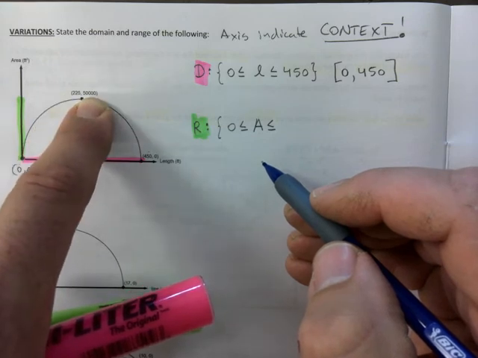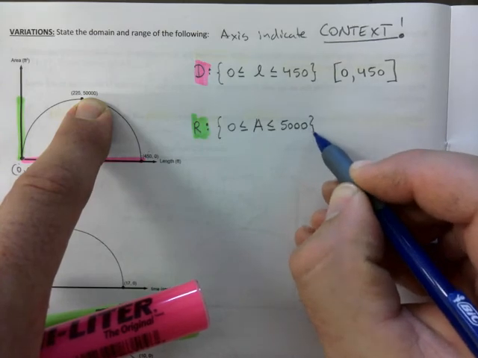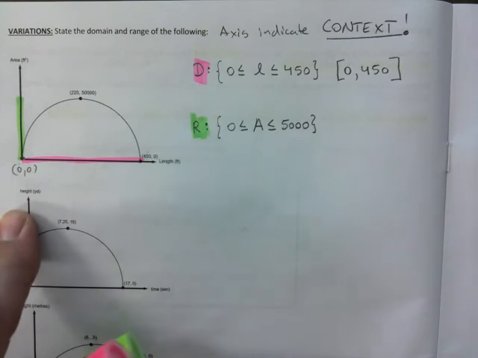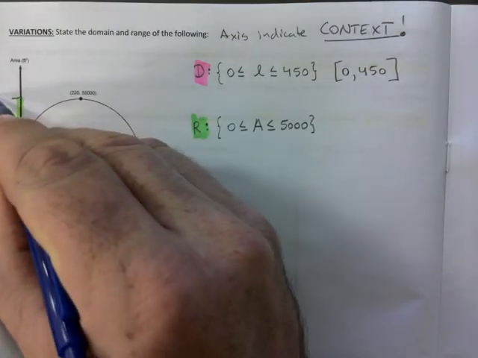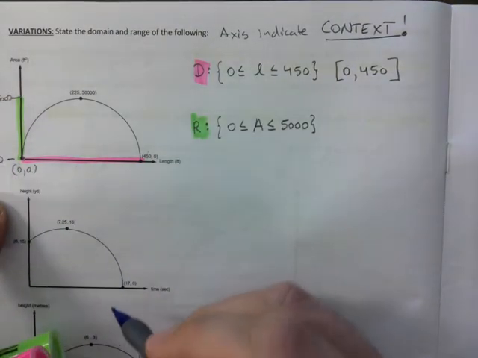It's the y values I'm interested in, correct? So it's 5,000 is the highest y value acceptable here. So I don't know if you want to do this. It goes from 0 to 5,000, right? To make it very obvious here.